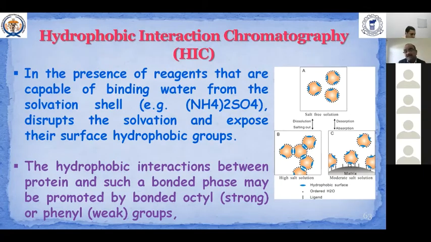In the presence of high salt conditions, what happens? The water film is removed and these hydrophobic portions are exposed. So these hydrophobic portions can interact with the hydrophobic portion on the column and they are immobilized.